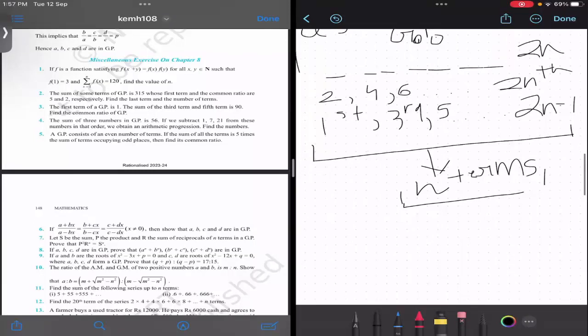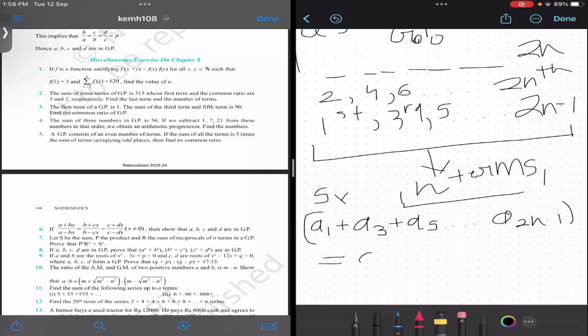So knowing this information, let us try to derive an equation out of the facts that have been given to us. We have been told that the sum of all the terms is 5 times the sum of terms occupying odd places. So the sum of terms occupying odd places would be written as A1 plus A3 plus A5 up until A2n minus 1, and you multiply this entire summation by 5, you get A1 plus A2 plus A3 up until A2n.